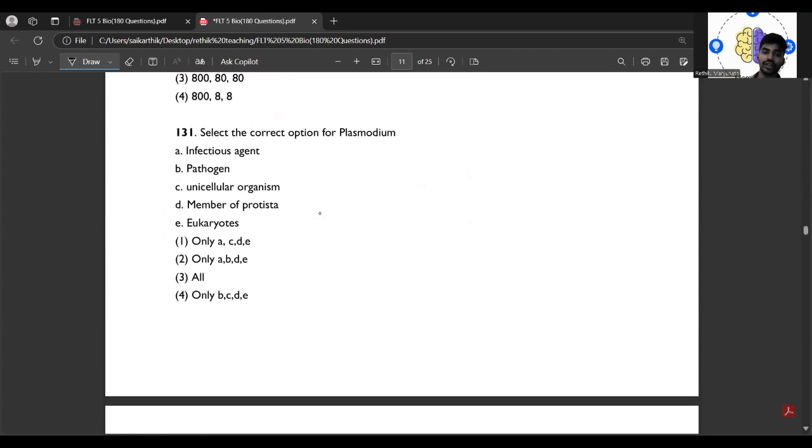Next, 131, select the correct options for Plasmodium. If you remember Plasmodium, the correct one related to it: Plasmodium is an infectious agent, a pathogen, unicellular. So all are correct.